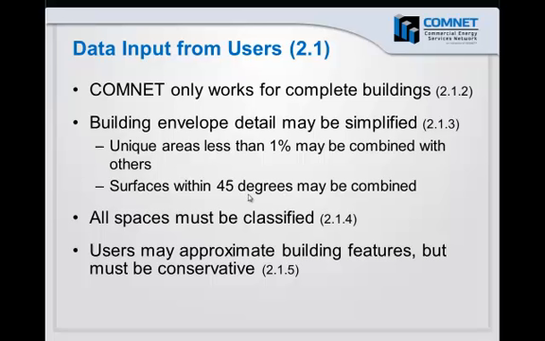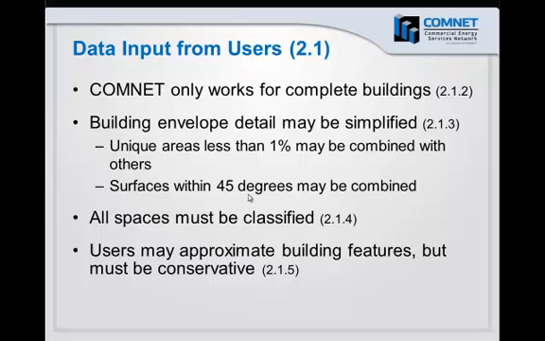The third point is that every space in the building must be classified, and COMNET has these building classifications, which are consistent with the lighting classifications in 90.1, but we've also mapped them to California's Title 24 and all versions of 90.1.